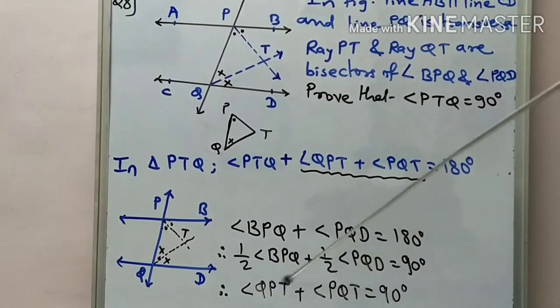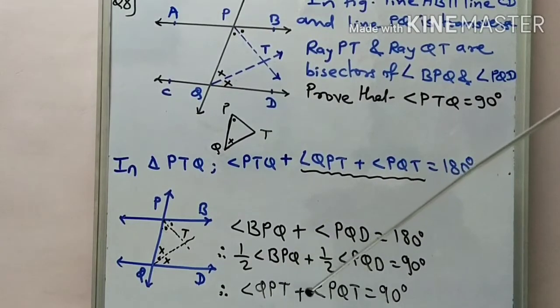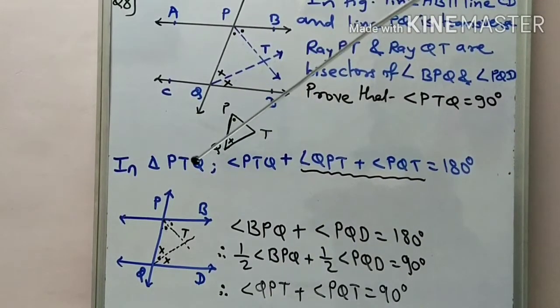These two angles are angles of triangle PTQ, where we get this addition as 90 degrees. So using the theorem that the sum of the measures of all angles of a triangle is 180 degrees, we put that value over here as 90 degrees, so the remaining angle PTQ we get as 90 degrees.